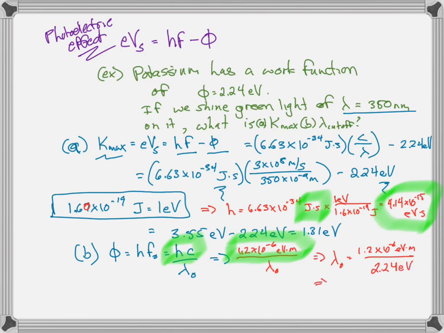And so lambda 0, the cutoff wavelength, is 5.5 times 10 to the minus 7 meters, which is 550 nanometers. Nanometers is a pretty common unit for light wavelengths. So that's the answer to part B.